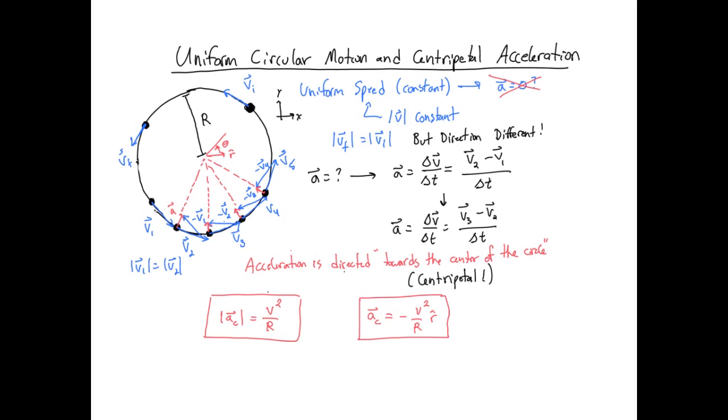Now we're ready to go about solving Newton's second law for uniform circular motion, and we just have to remember that the acceleration in uniform circular motion takes this very special form, which is related to the constant speed and the radius. And of course we also want to remember that the direction of the acceleration in uniform circular motion is directed towards the center of the circle. That's why we call it centripetal.